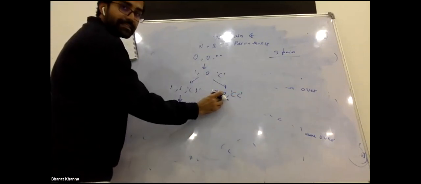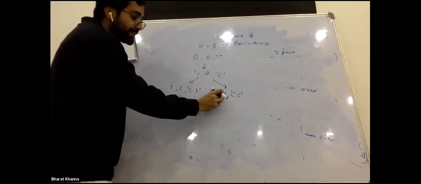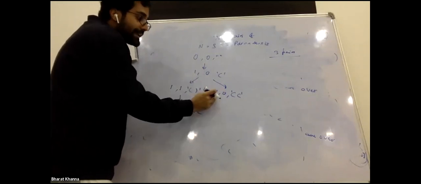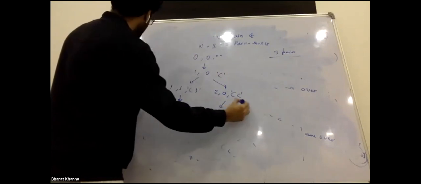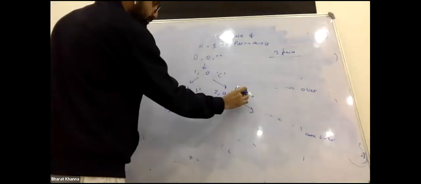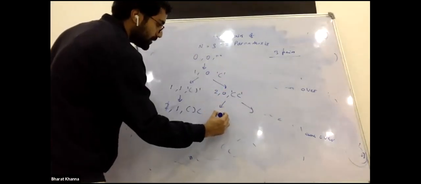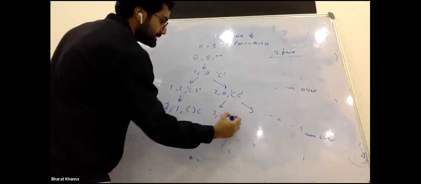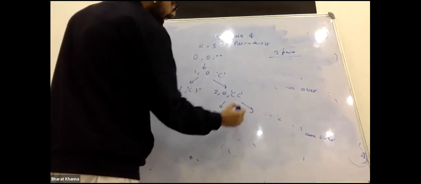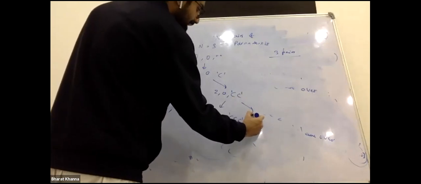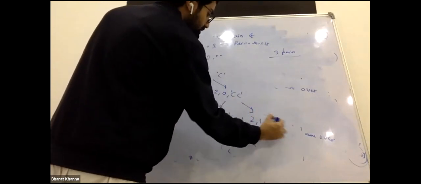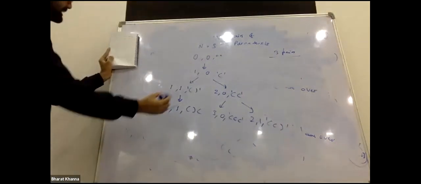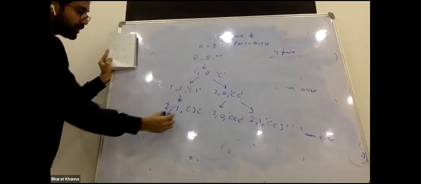The number of left is greater than the number of right, and I have not exhausted all my left brackets. I have got 3. So I have got two choices. Either I put one opening, so I have 3, 0, and this. And if I choose to put a closing bracket, I can do that also. So this is 2, 1, open, open, close. And then according to the rules, it will go on and on and on.